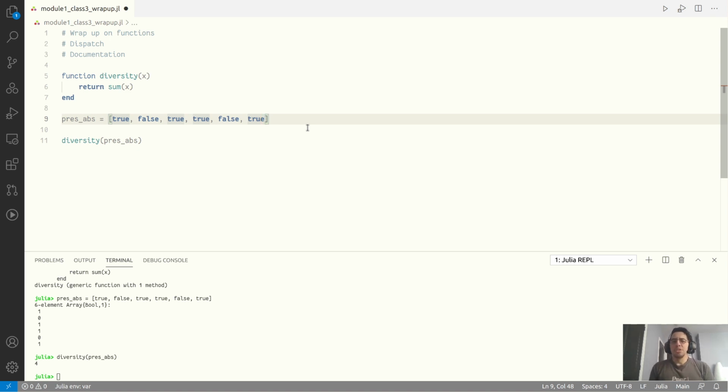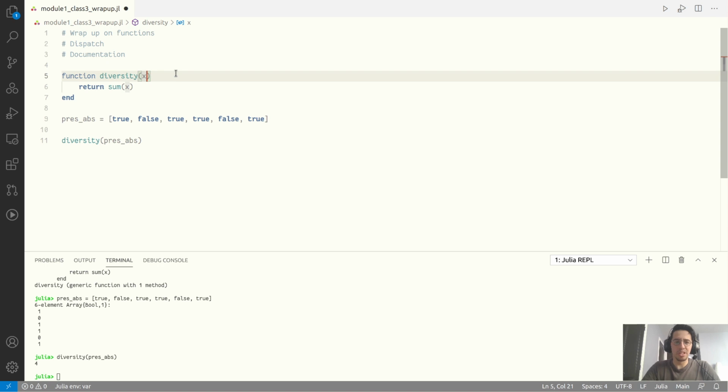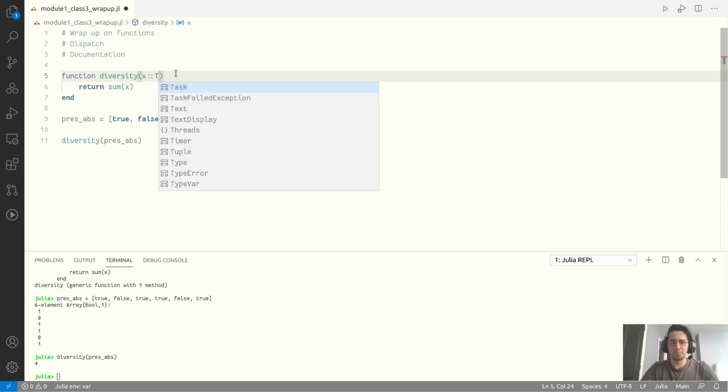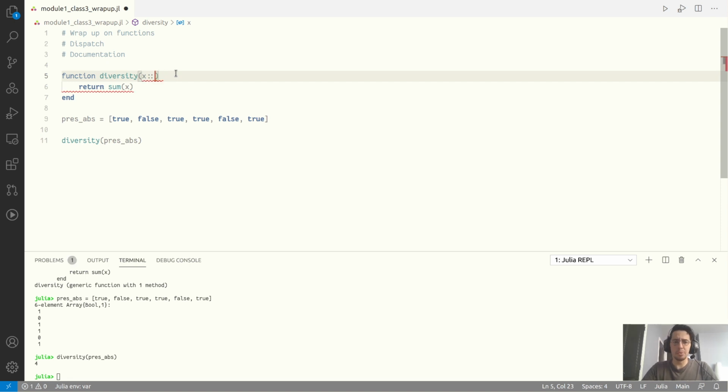One thing that we could do in Julia is specify the type of the arguments of this function. So we are going to be adding a little bit of information here, which is that x must have a type t. So the colon t, it can be whatever. It could be colon s if you want.